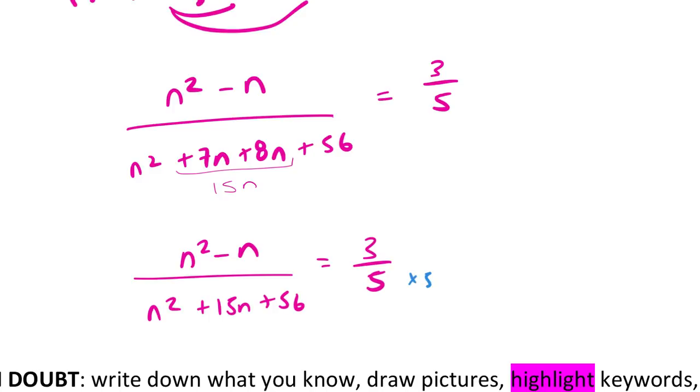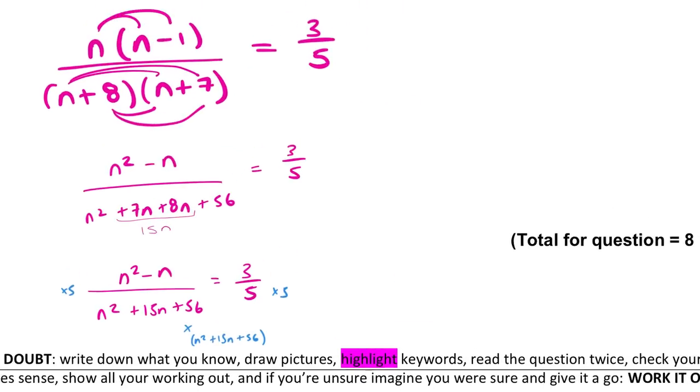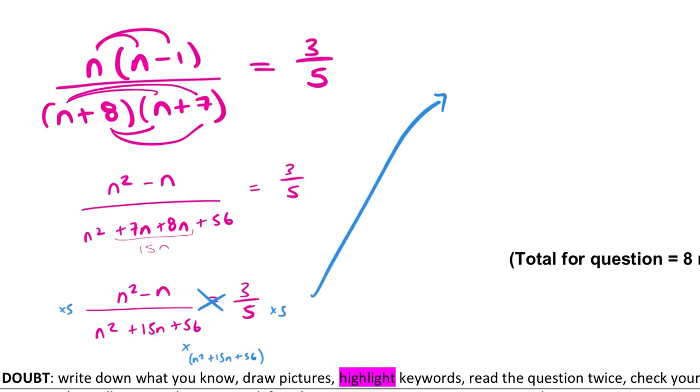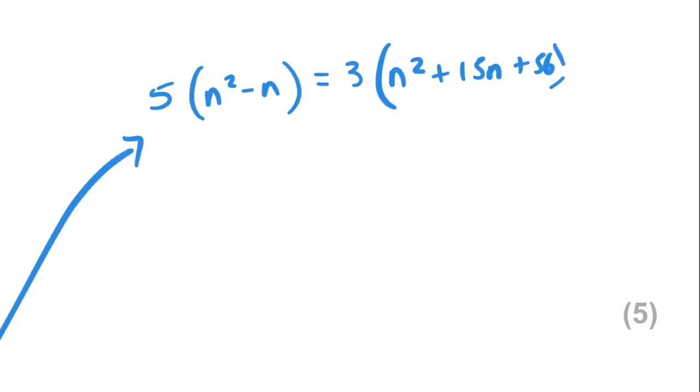I'm going to multiply both sides by 5 to get rid of this denominator. And I'm going to multiply both sides by this quadratic to get rid of that denominator. So what it's actually going to look like, and some of you may have seen that before from your teachers, we're going to get 5 lots of the n squared minus n equals 3 lots of the n squared plus 15n plus 56. Okay, so this is where we're at now.